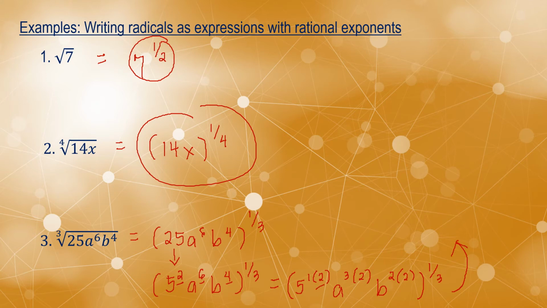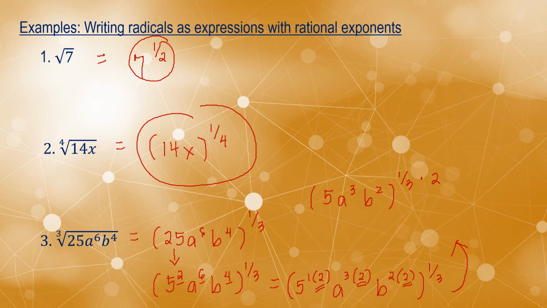So this exponent 2, we will put it outside. What will remain inside the parentheses, we have 5 raised to the first power, a raised to the third power, b squared. And then quantity 1/3 times 2 from these given exponents.